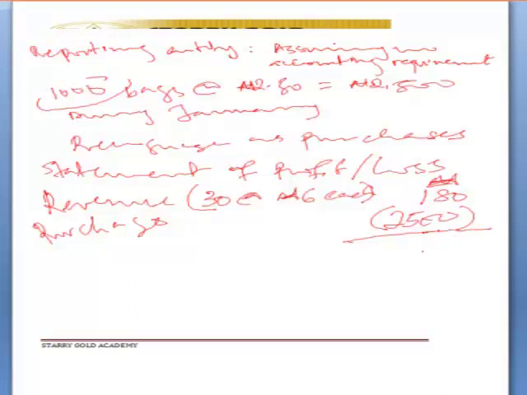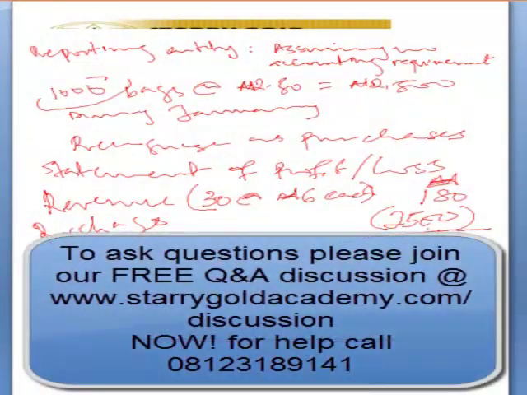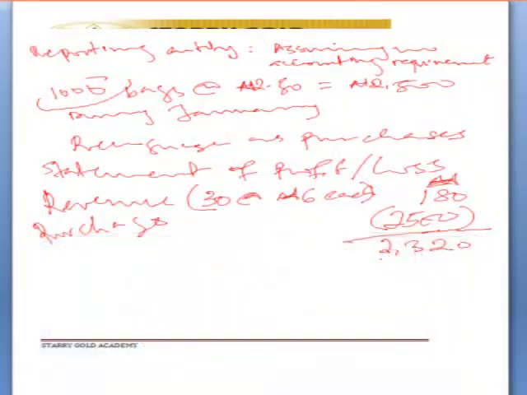So this is going to give him a loss position. 2,320 naira is going to be his loss position. So the guy will be recognizing 2,320 naira as a loss in his books.